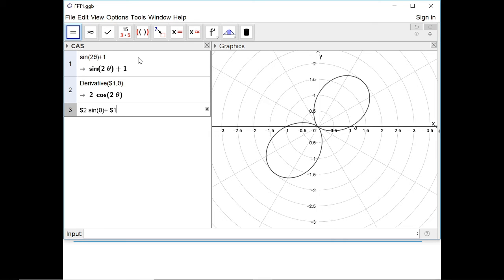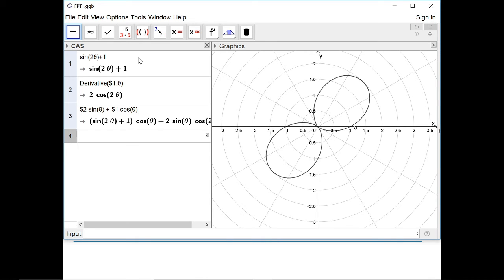Well, r is my expression 1, and there's cos theta. So that's going to give me the numerator for what I want.